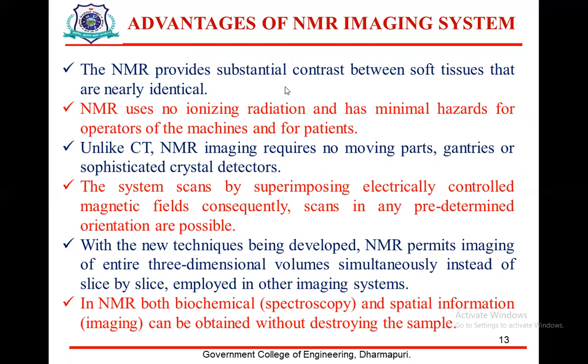With the new techniques being developed, NMR permits imaging of entire three-dimensional volumes simultaneously instead of by slice as employed in other imaging systems. In NMR, both biochemical and spatial information can be obtained without destroying the sample.